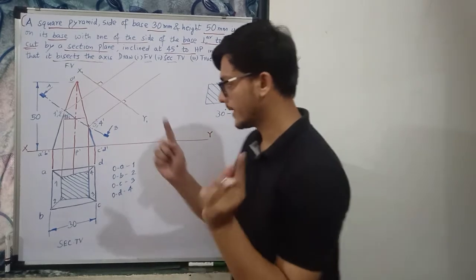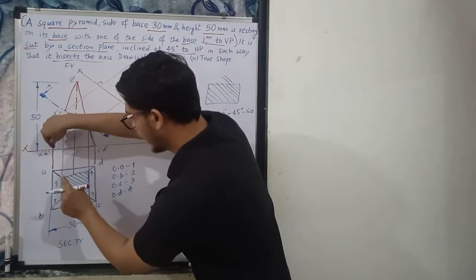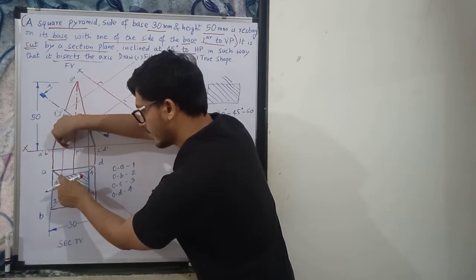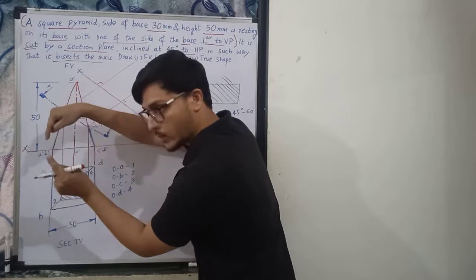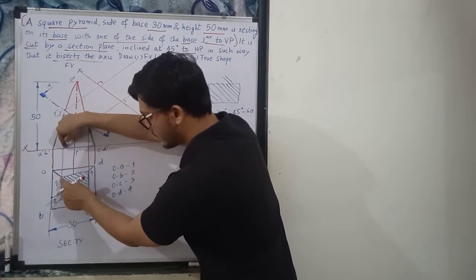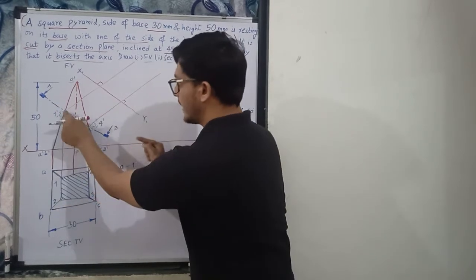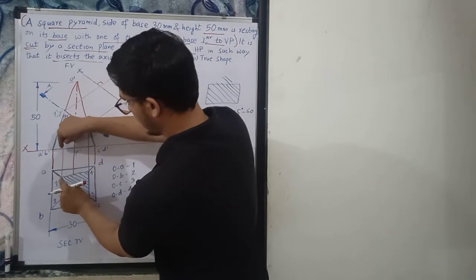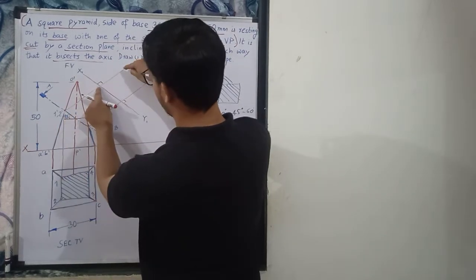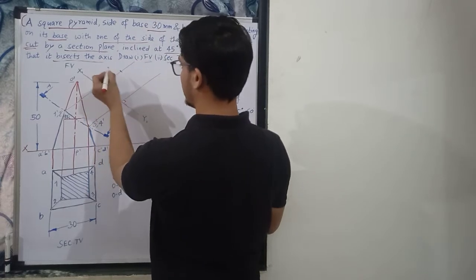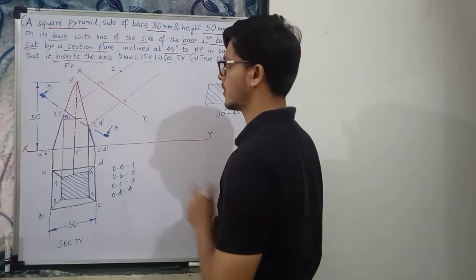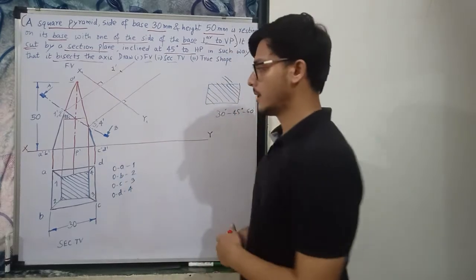After this step, we will take the rounder, place it at the xy line and take the distance from the xy line to 1. Place it on the projection of 1 and cut. So this will give you 1 dash. So I'll repeat.